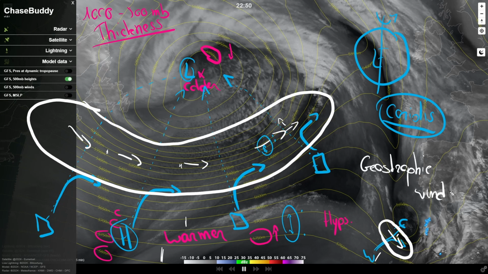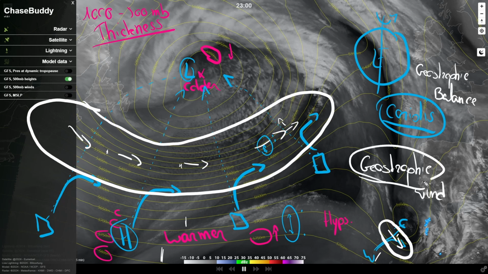And why is it called geostrophic? Well, it's not too far-fetched, because we already know that wind is moving from high to low pressure. It gets deflected to the right by the Coriolis force. And if you remember, there's a balance between these forces. And this balance is called the geostrophic balance, right?